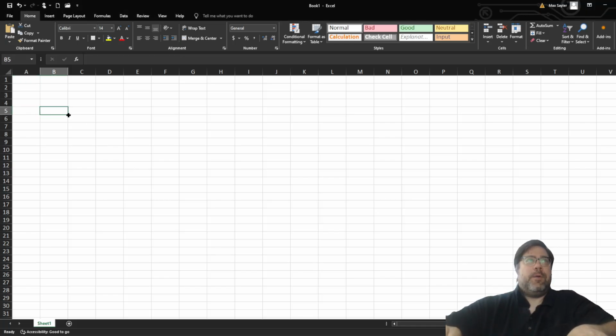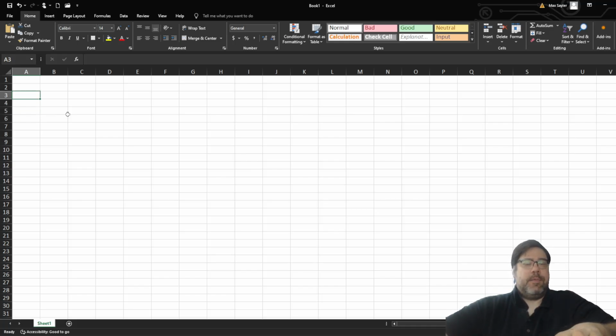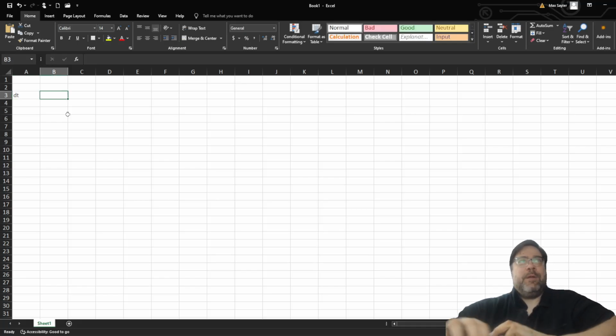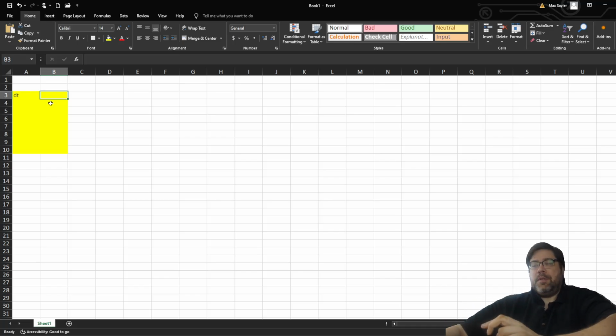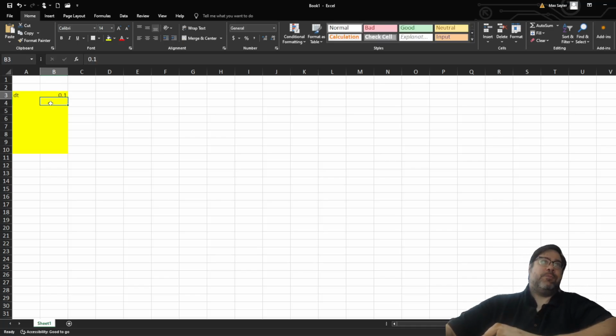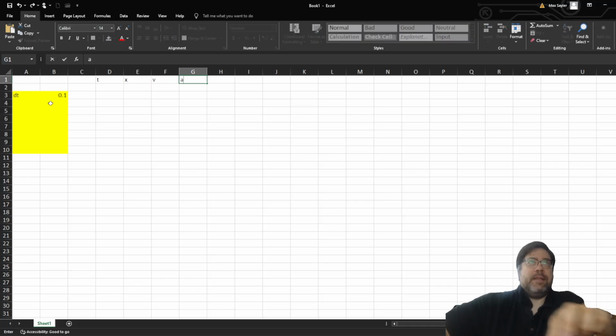Good. Okay, so let's go ahead and execute this in Excel. All right, in Excel, I like to keep my variables over here, and I'll just put these in yellow, and these will be things that I can change. So let's say delta t equals 0.1, and let's go ahead and make our columns of time, position, velocity, and acceleration.